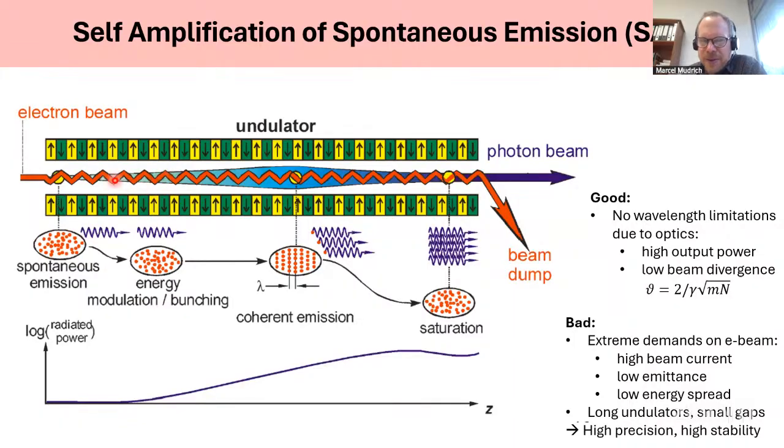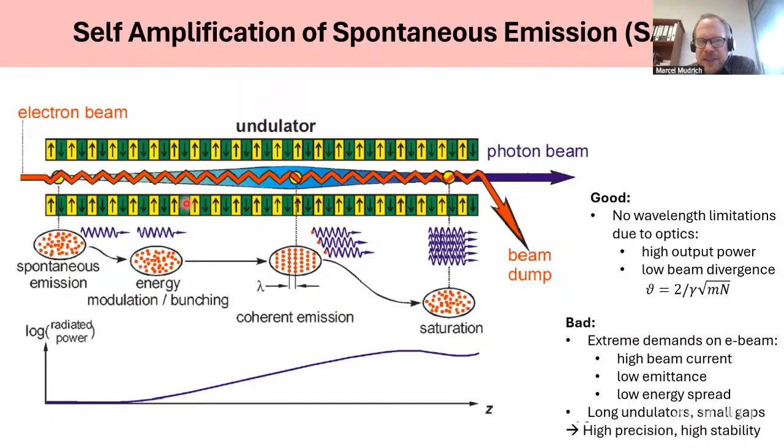So the undulator radiation has to produce electromagnetic radiation where the magnetic field component has a strength on the order of a Tesla to compete with the forces acting on the electrons from the magnetic field of the undulator.